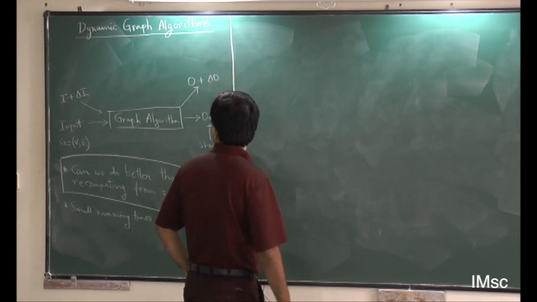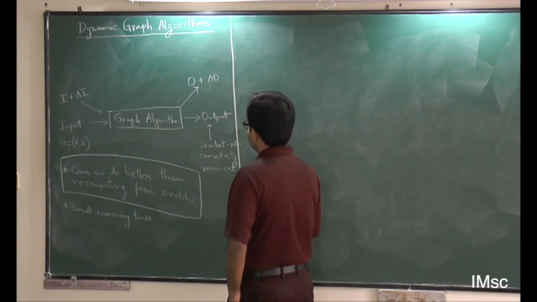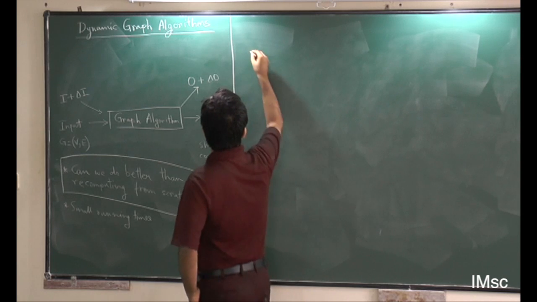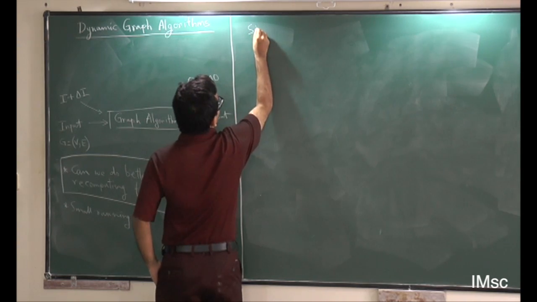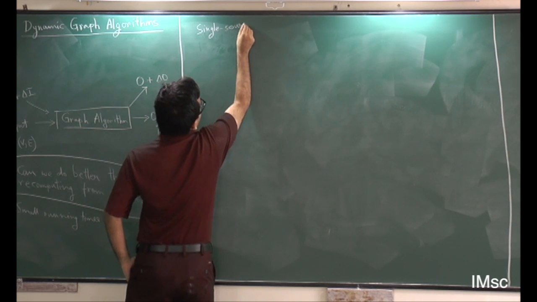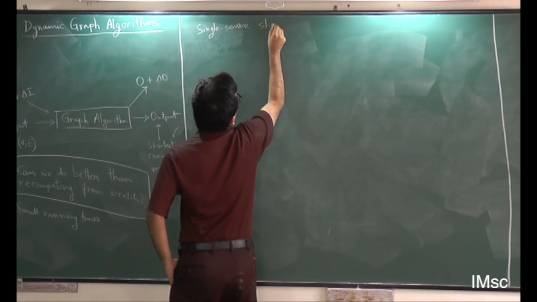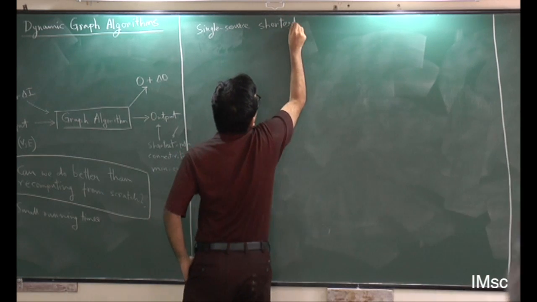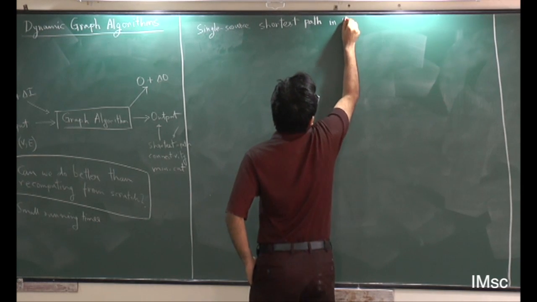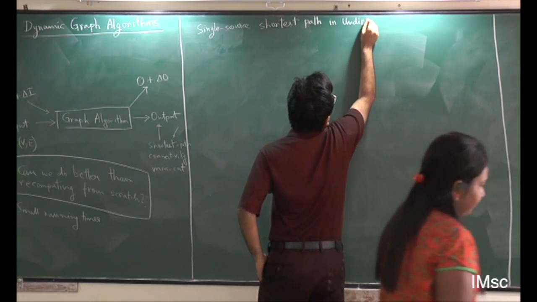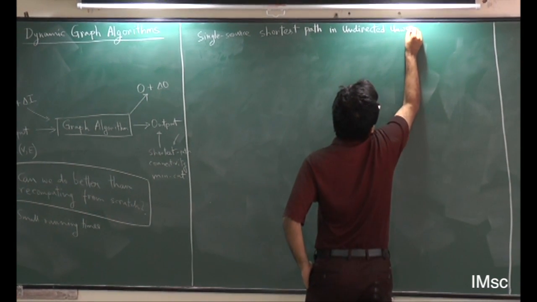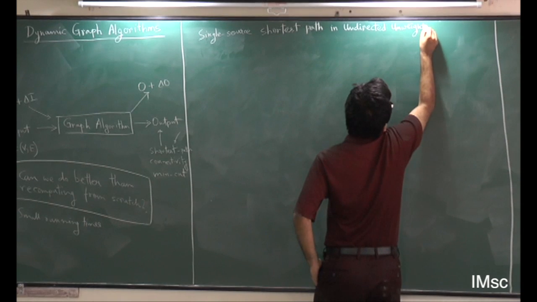So, let us start with some basic definitions, and I will illustrate these definitions using this example, say shortest path. Okay. So, suppose we want to study single source shortest path in undirected unweighted graphs.